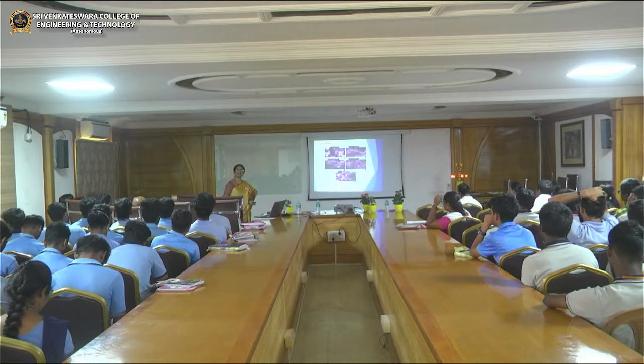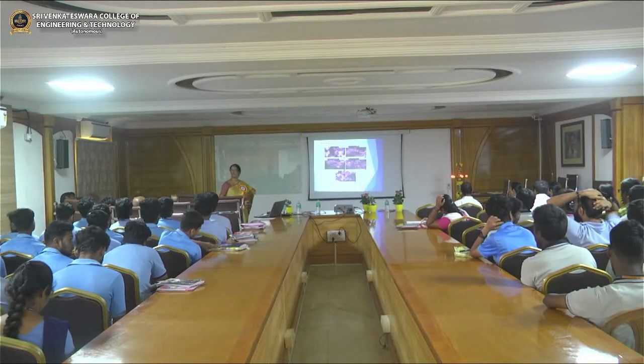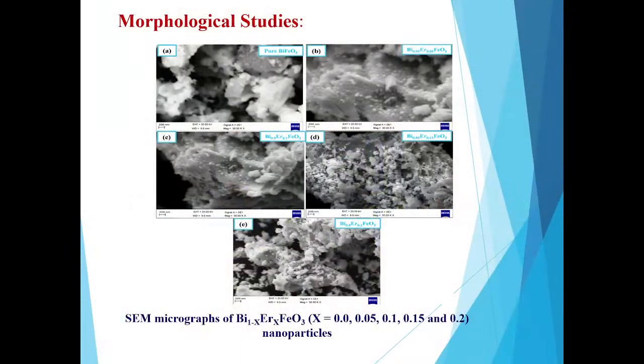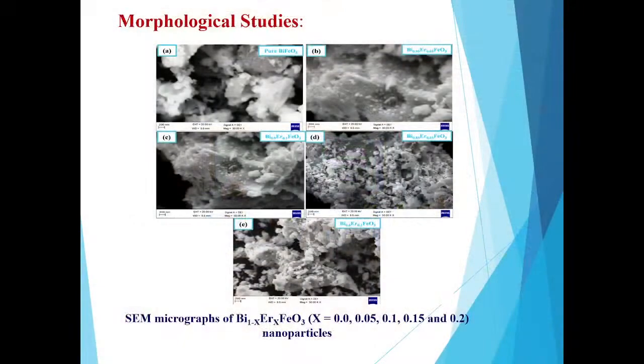When you take a ferroelectric, when you apply the electric field, you will get polarization behavior. In a multiferroic, by using the magnetic field, you can get polarization, and by using the electric field, we can get magnetization. That is the multiferroic material. So this bismuth ferrite is a multiferroic material.